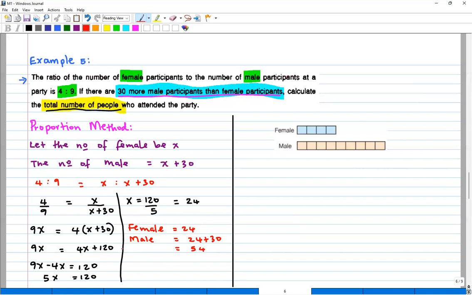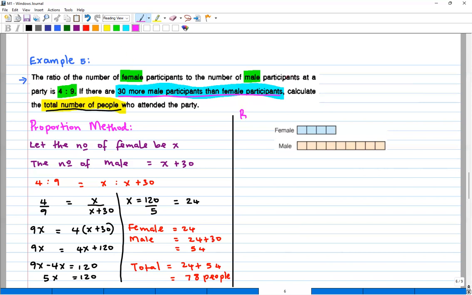Okay, now the total number of participants will be 24 plus 54, and this will give us 78 people. So 78 people attended the party. Let us use method number 2.